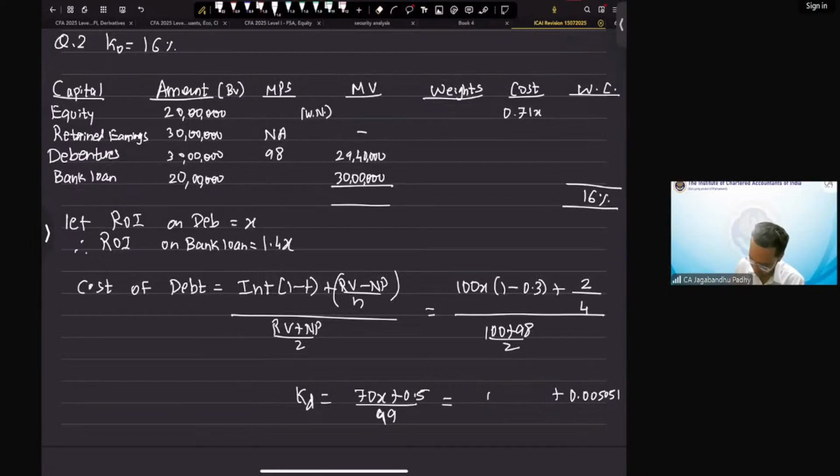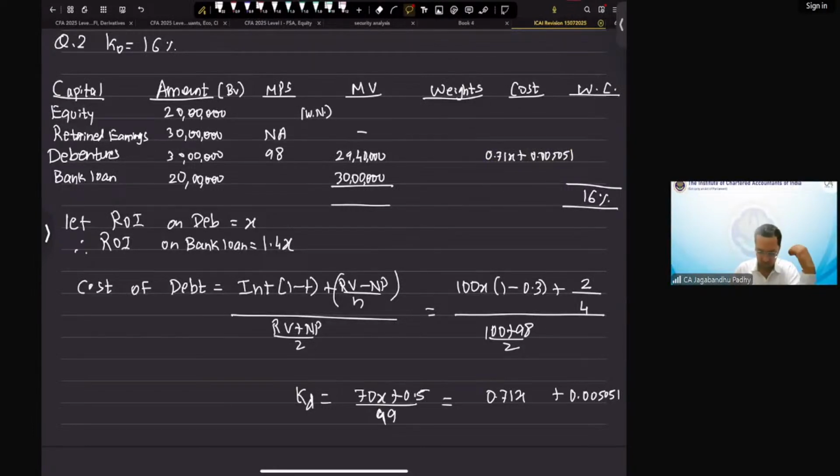Let me take it as 2 decimal. 0.71x plus 0.005051. This is the cost of debentures. Okay, cost of debentures.